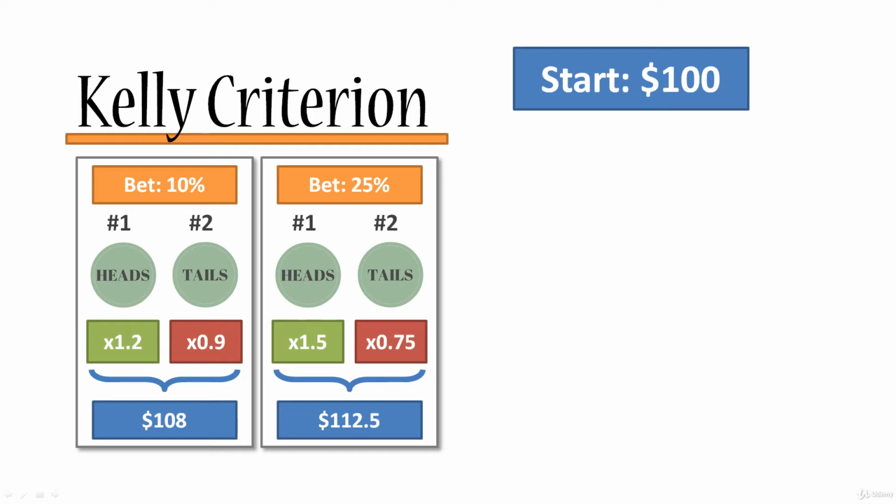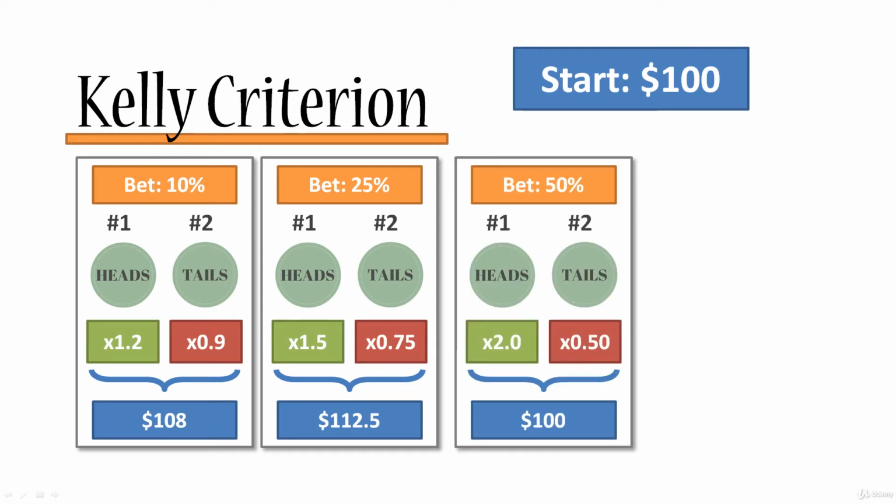Now if we keep going and we look at a scenario where we bet 50% of our balance, then on heads our balance is multiplied by 2, and on tails our balance is multiplied by 0.5. And as a result, the overall outcome of a pair of heads and tails is we're back at $100.